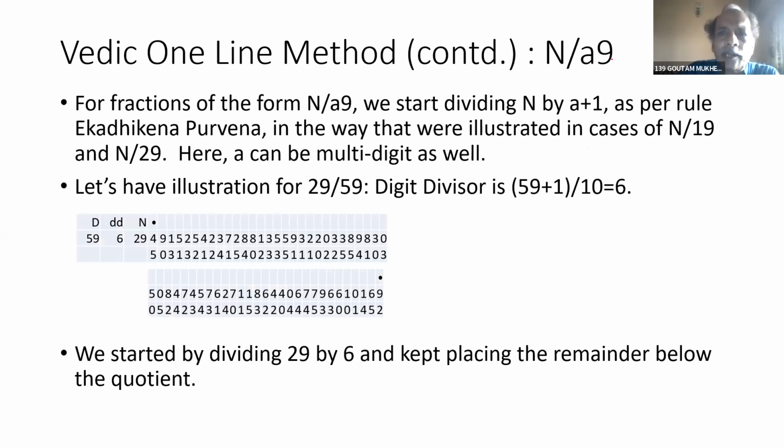Now I come to anything n by a9 in this form. A is any digit, not a into 9, but a digit. For fractions of the form n by a9, we start dividing n by a plus 1. A can be even more than 1 digit. So it can be 119.